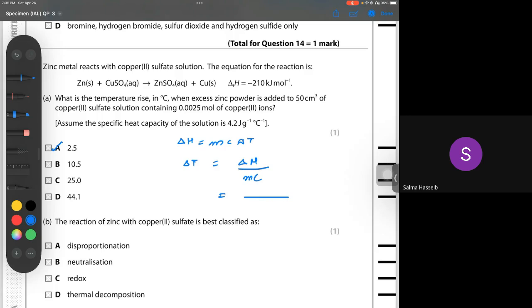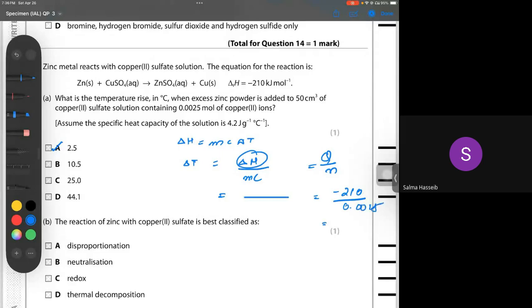What is delta H? Q over n. Nice. Then I equated that to minus 210, because that's the enthalpy change, and divided by 0.0025.